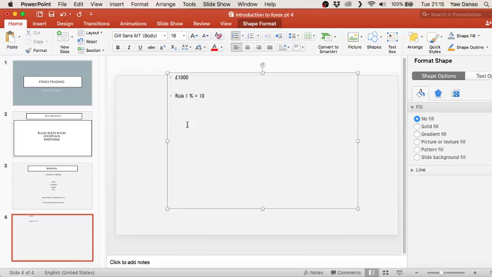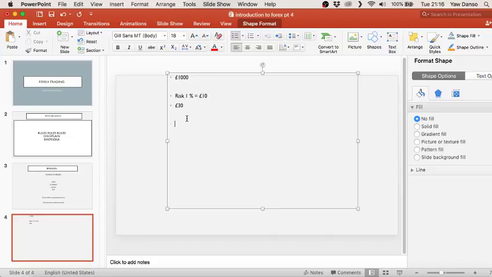Let's say I risk 10 and my reward is 3 times my risk, so it's 30. We call this a 3-to-1 ratio. If I risk 10, I expect to make 30. I'm doing this to explain what I mean by every trade is random, so don't attach feelings to it.